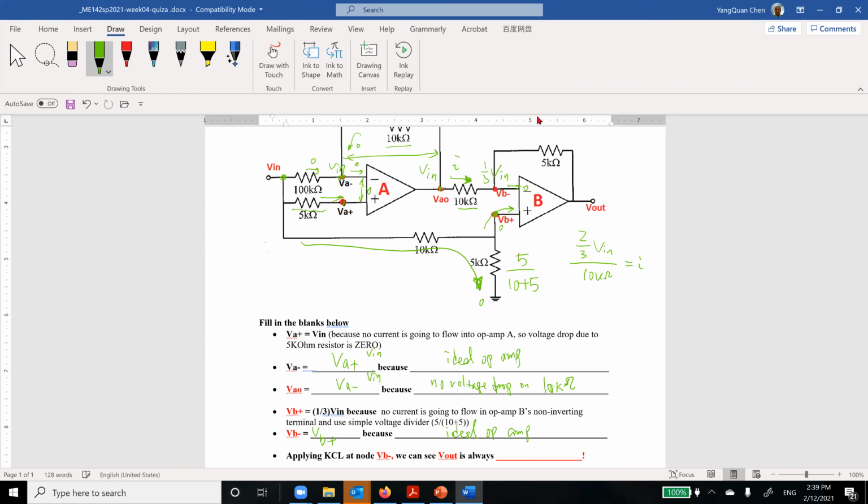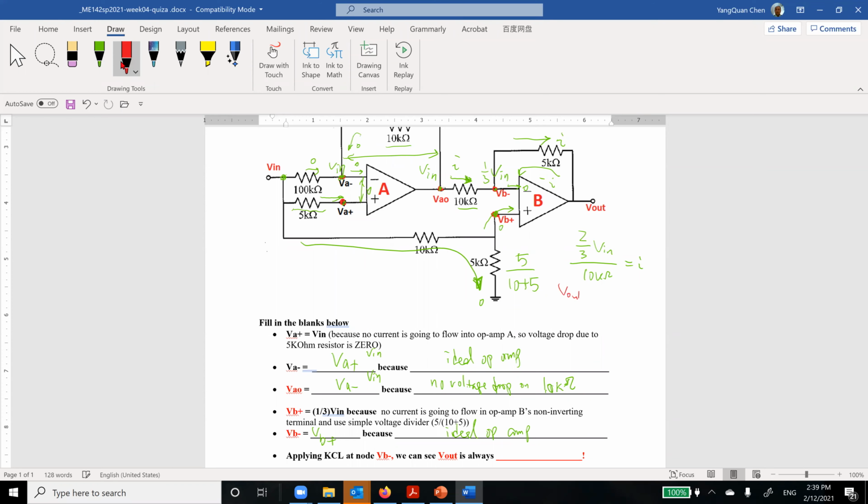Suppose you have a current from here to here. Then this is also I, right? Because the offset in this direction is minus I. Minus I plus I is 0, right? So this is KCL. So in other words, we know that, let me use the red one.